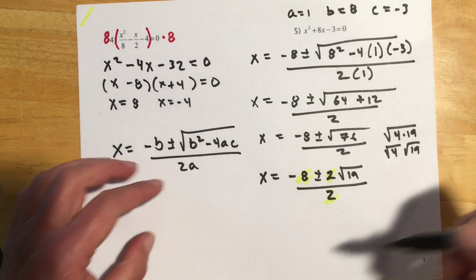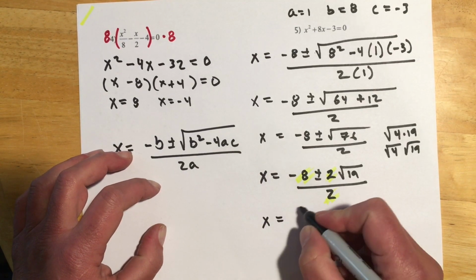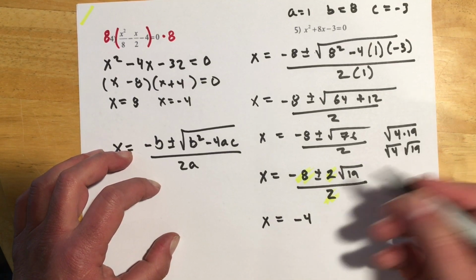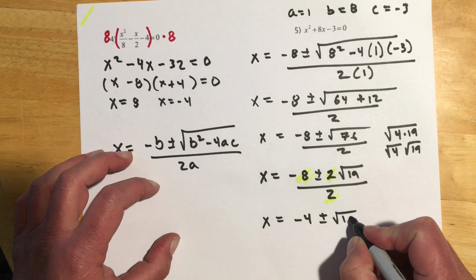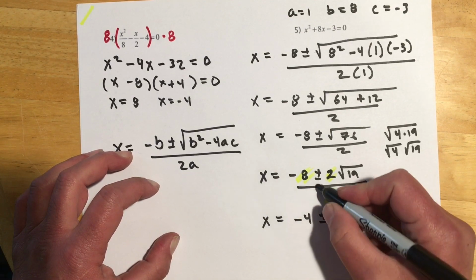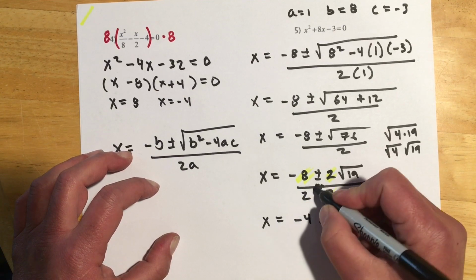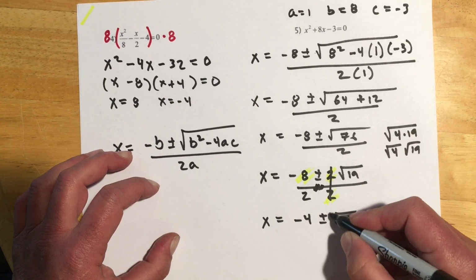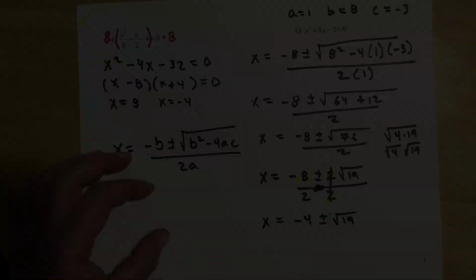In this case, 2 goes into everything. So x would equal 2 goes into 8 4 times, 2 goes into 2 once, so I can just call that root 19, and then 2 goes into 2 once. It's like I'm thinking of it almost as 2 separate fractions, reducing that down to negative 4, and that becomes the invisible 1.